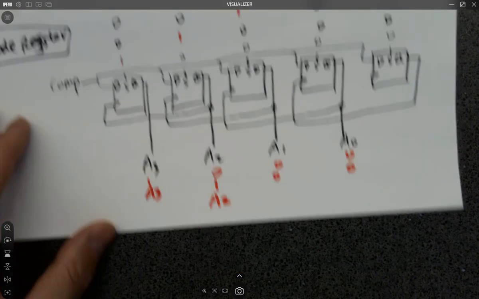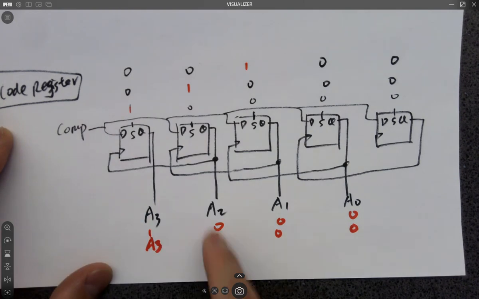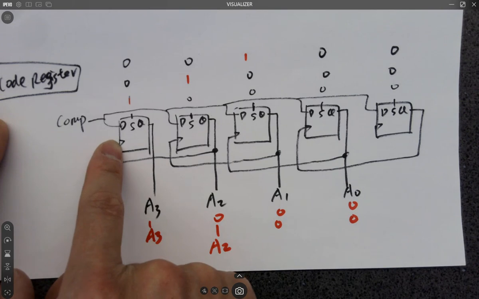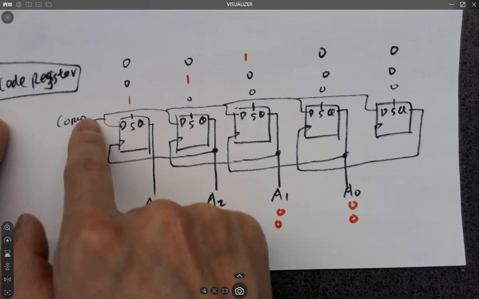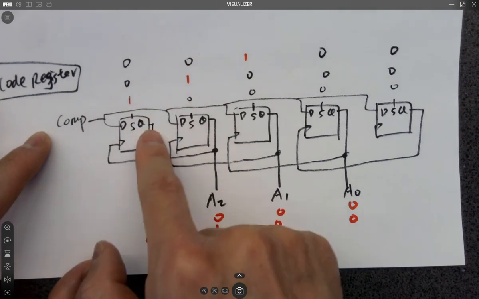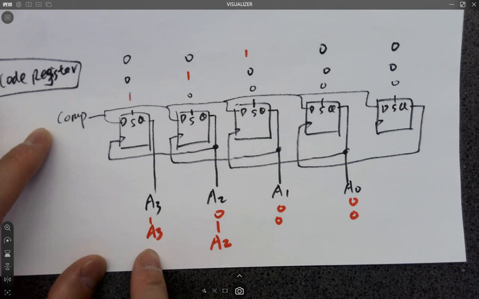So whenever I'm latching the A2 into this bit, if A2 is a 1, what's going to happen to this guy? If this is a rising edge, then the A2 at this moment will be latched to the MSB, and A3 becomes A2, not A3 anymore. Are you guys getting me?